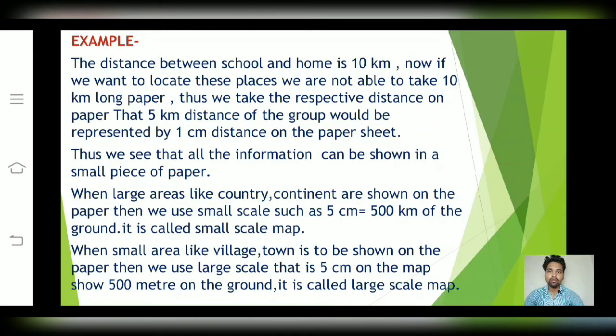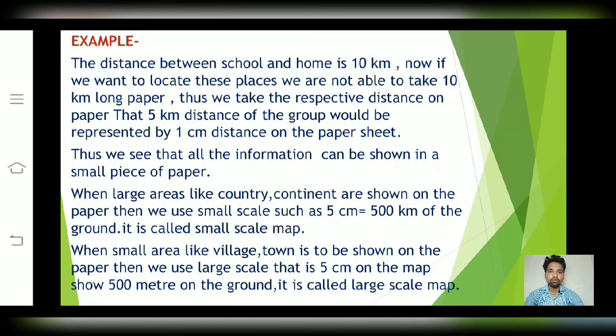So if we take a small scale, we may easily fit the map on a small paper. So for countries and continents, for example, we take 5 centimeters representing 500 kilometers.